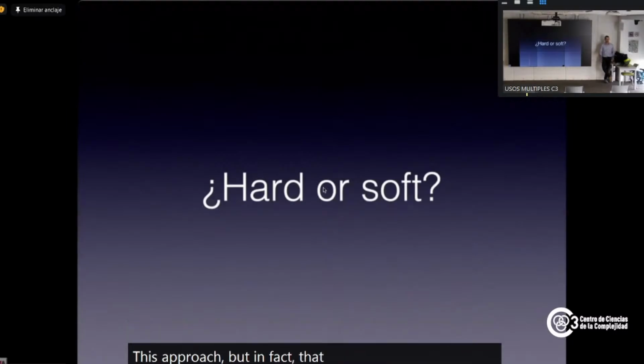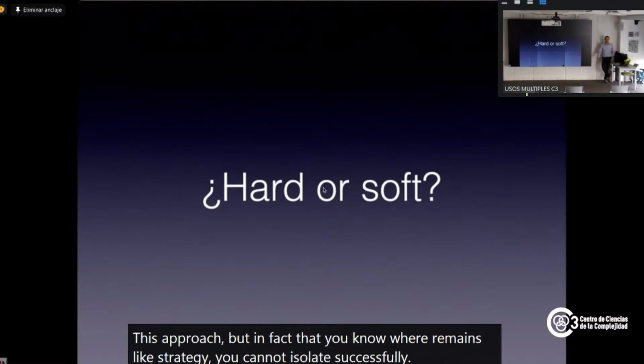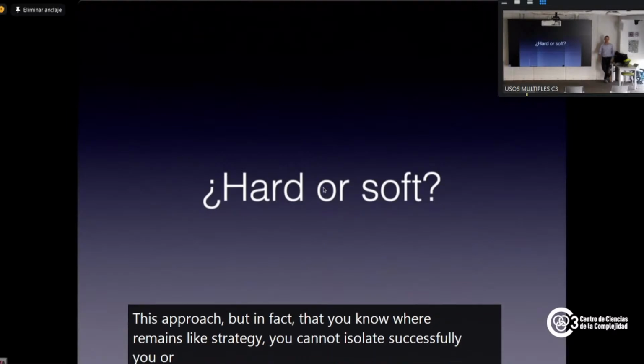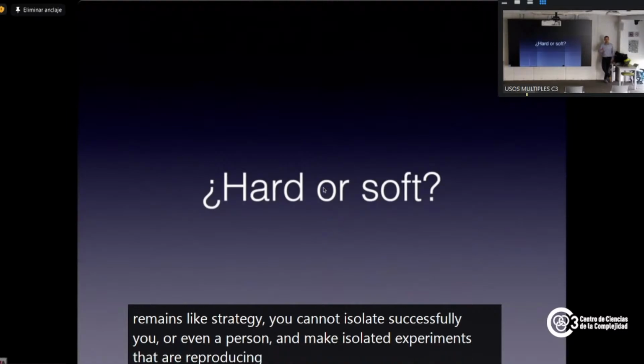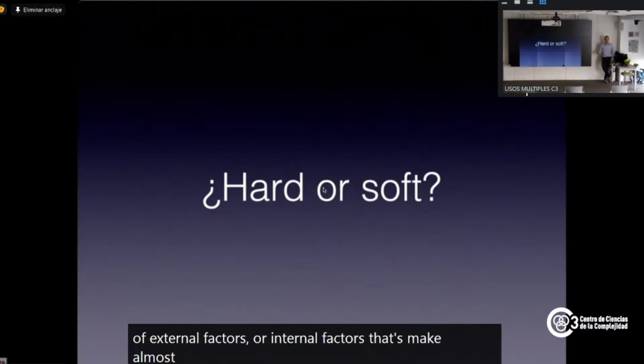in other domains, like sociology or psychology, you cannot successfully isolate a society or even a person and make isolated experiments that are reproducible. And there are lots of external or internal factors that make almost every moment unique.